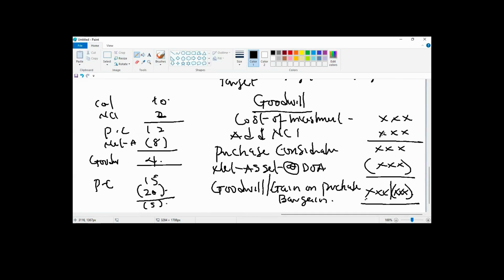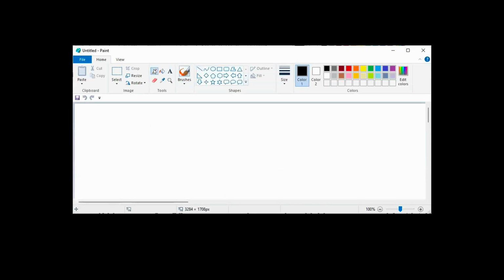How can I know the value? IFRS 3 business combination gives us a procedure to use in determining NCI. How do we determine NCI in a question?